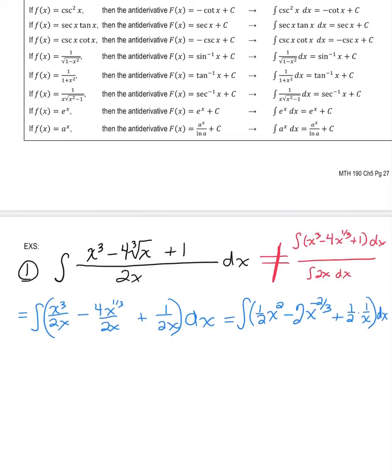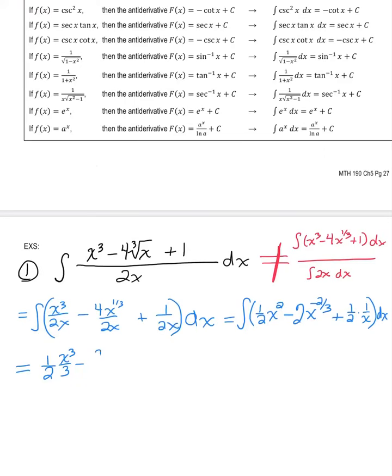Notice I've left my integral notation up until this point because I haven't yet integrated. Once you actually take the antiderivative, now you drop what I like to call the bookends on the problem. So it's the integral, and then the dx is telling us with respect to x. So let's go ahead and actually take this antiderivative. 1/2 gets carried along as our constant multiple, and then we're applying our power rules, so add 1 and divide by it, so x to the third over 3.